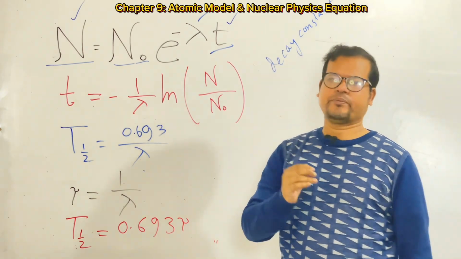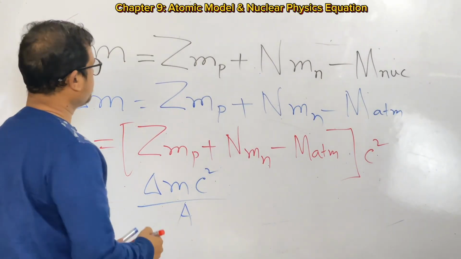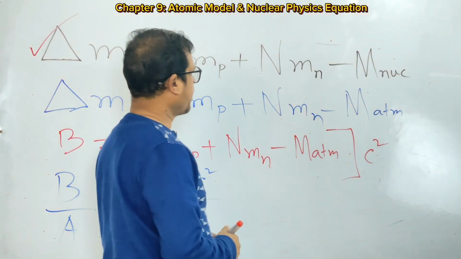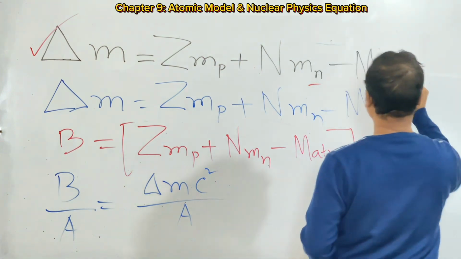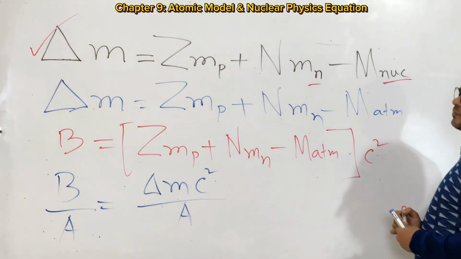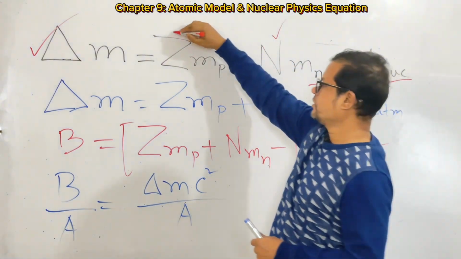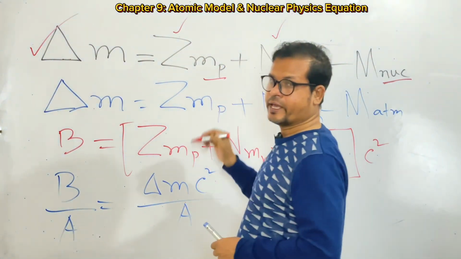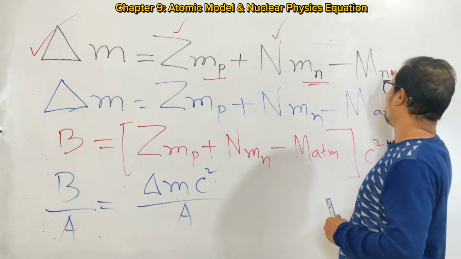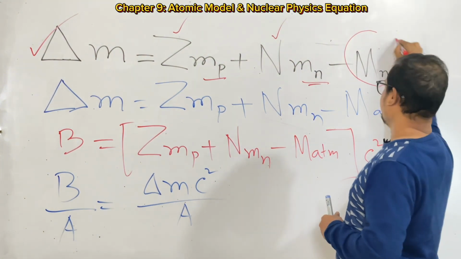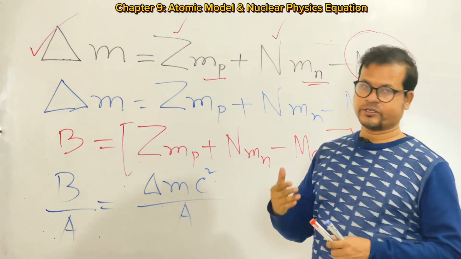Next, delta M equals Z Mp plus N Mn minus capital M, and so on. What do you mean by N? What do you mean by Z? What do you mean by Mp, and what do you mean by Mn? Dear guys, delta M is the mass defect.